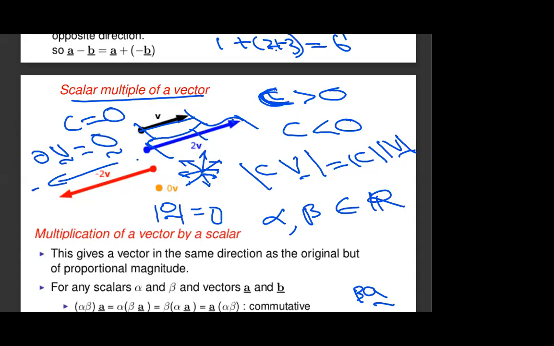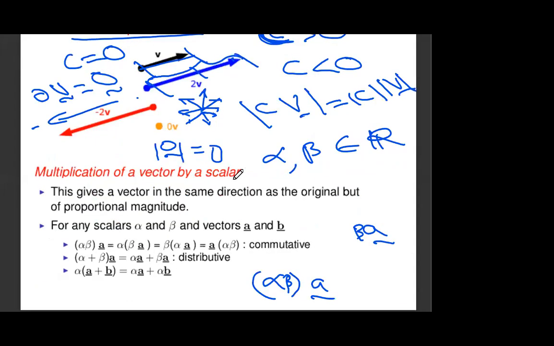The magnitude of 0 is 0, but the direction is a puzzle. It could be any direction.